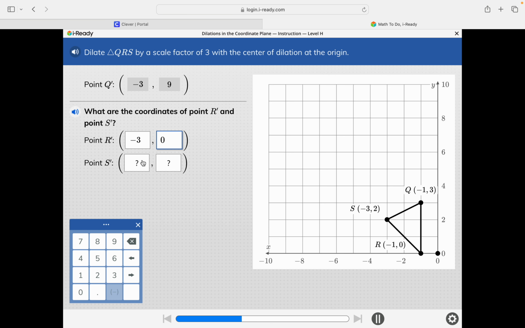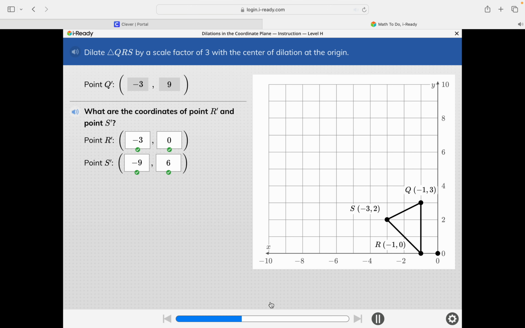And then S prime: -3 times 3 is how much? -3 times 3 is -9, and 2 times 3 is 6. Positive 6. You got it.